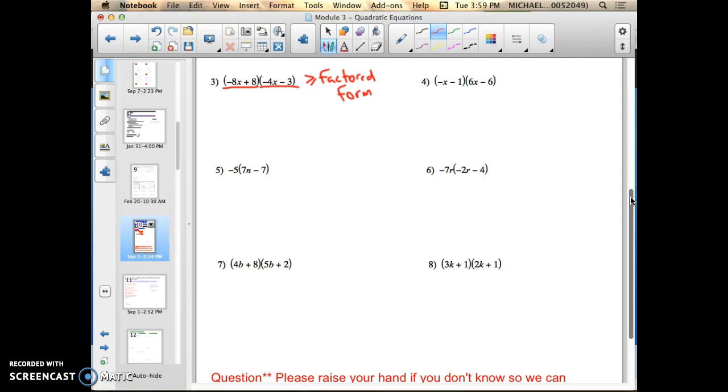Alright, if I'm going to multiply this together, I do negative 8x times negative 4x. Then I'm going to do negative 8x times negative 3. Alright, then I'll switch to a different color. I'm done with the negative 8x. I'm going over to the 8. 8 times negative 4x and 8 times negative 3.